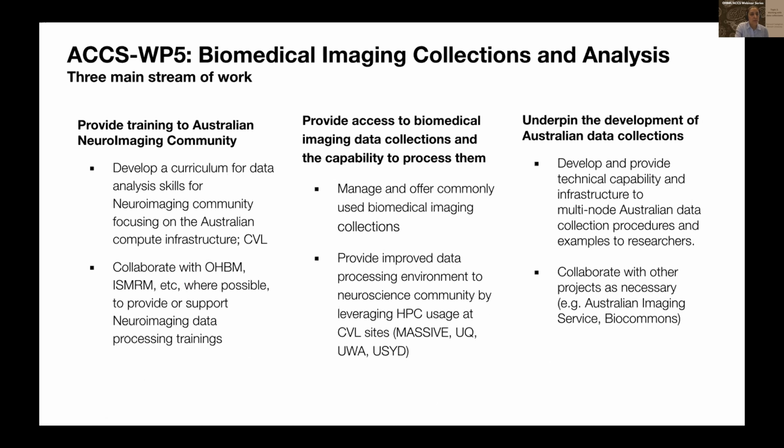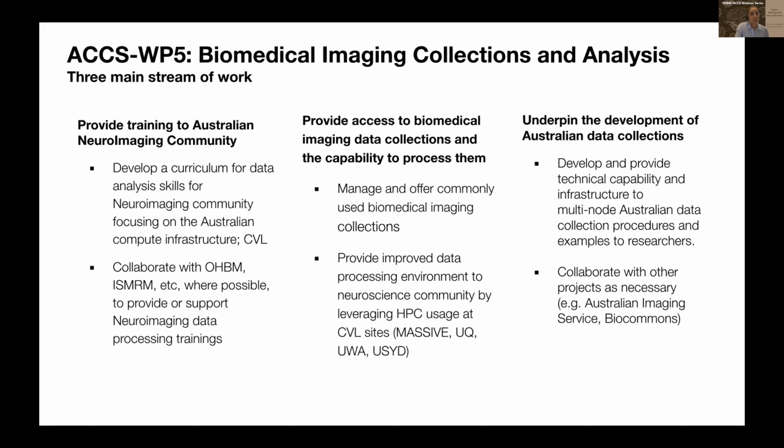In this work package, we have 3 streams of work. One stream of work is about training, such as today's webinar, a collaboration with other organizations such as OHBM, ISMRM, and other organizations where possible to provide training to the neuroimaging community.